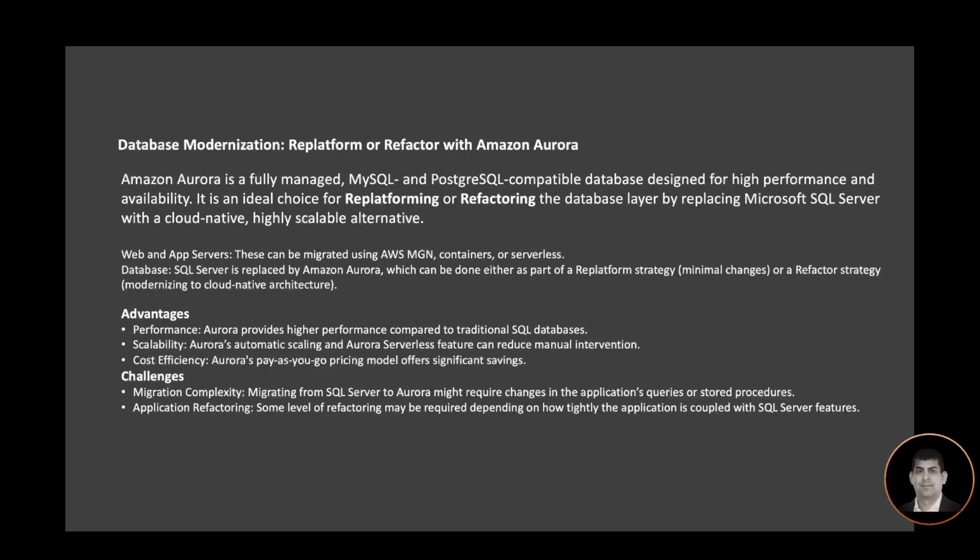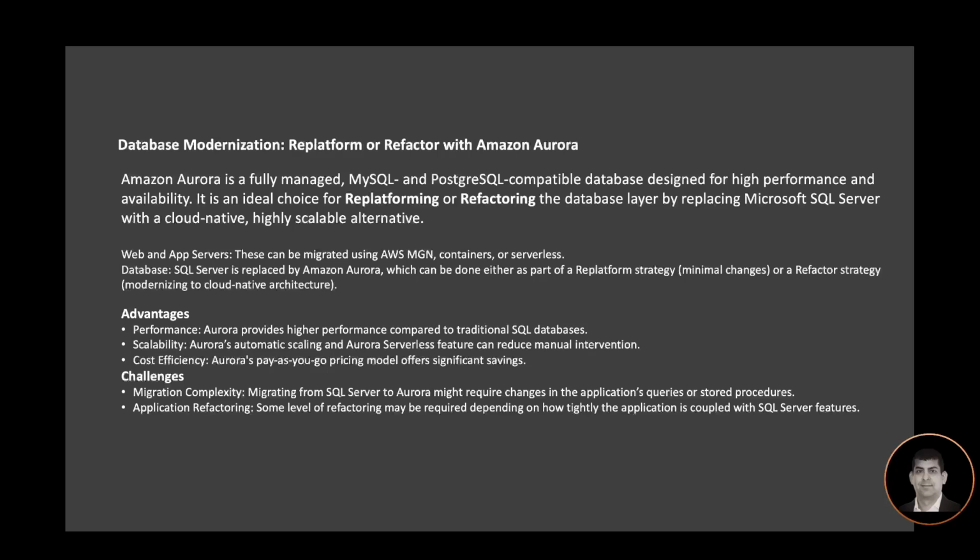Ideal choice for replatforming, refactoring, it is more cost efficient than some of the other services that AWS has. Like you can use RDS from AWS, and that's perfectly fine. Aurora is just comparatively cheaper because it's an AWS native service and highly scalable.